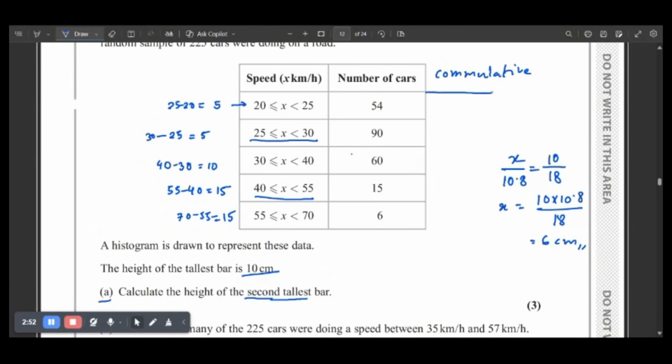If we find the cumulative here, we can see this is 54, this is 144, this is 204, this is 225. So from this we can see that 168.75 lies in this class, which is x greater than 30 but less than 40.